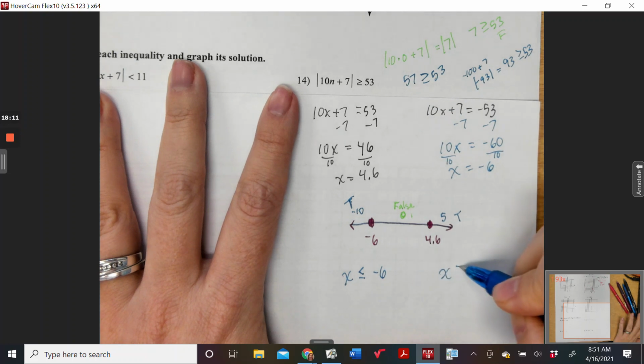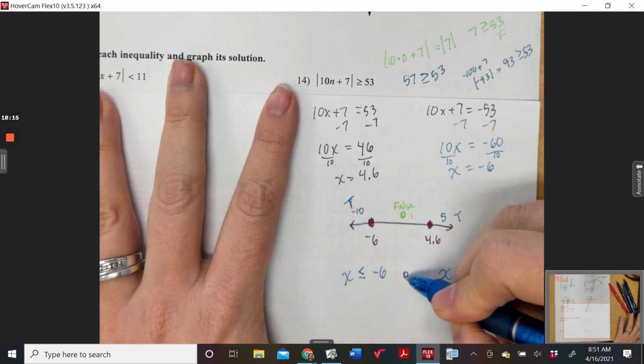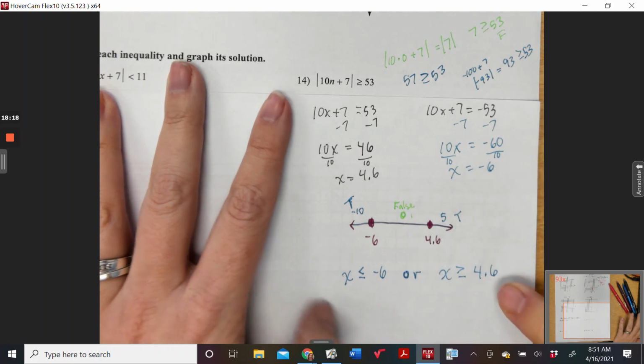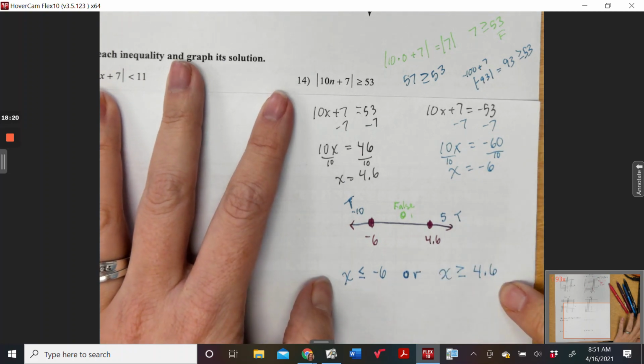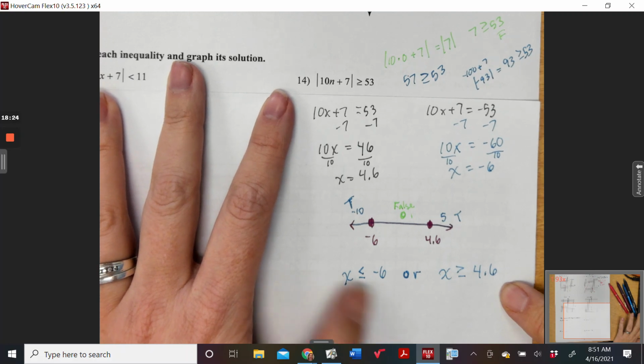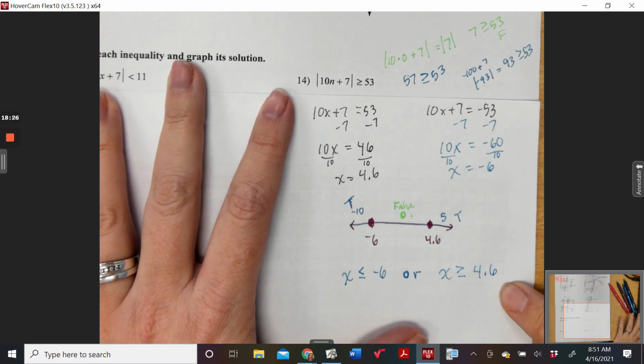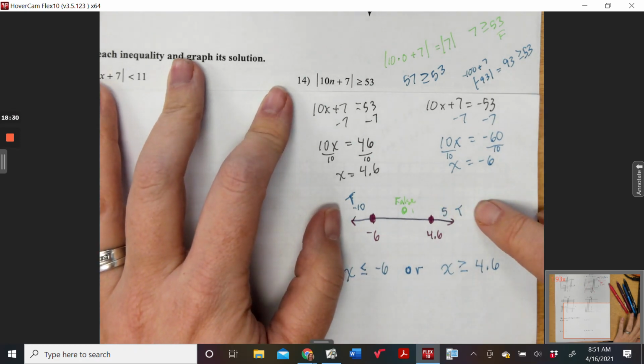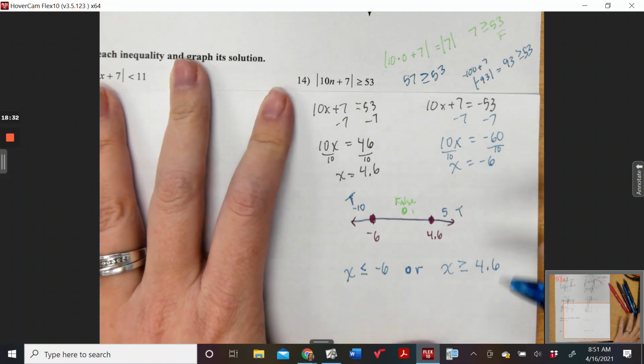Or x is greater than or equal to 4.6. It cannot be both at the same time, so I write the word or in between, and that is my answer. I cannot put these together. If I put them together, I'm saying x is between, and x is not between these two numbers. It's outside of these numbers.